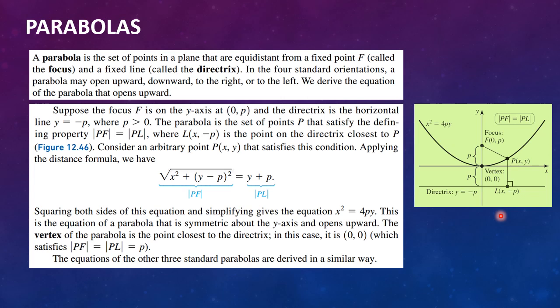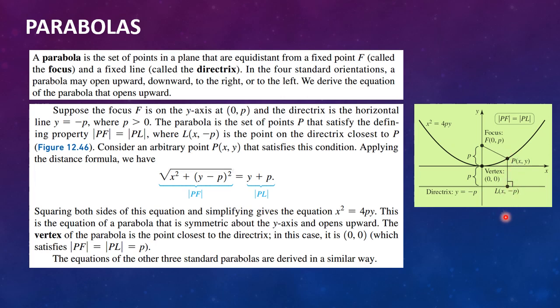Consider an arbitrary point P (x, y) that satisfies this condition. Applying the distance formula, we have the square root of x squared plus (y minus p) squared. Notice this is the distance PF, equals y plus p, and notice this is the distance PL.